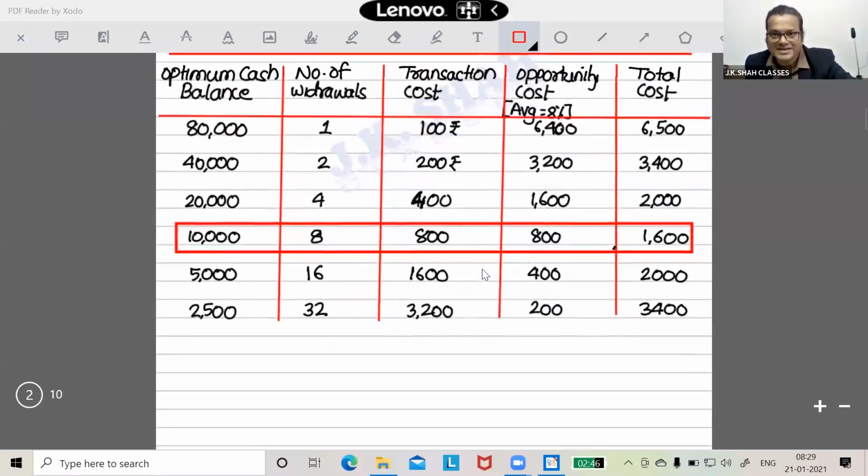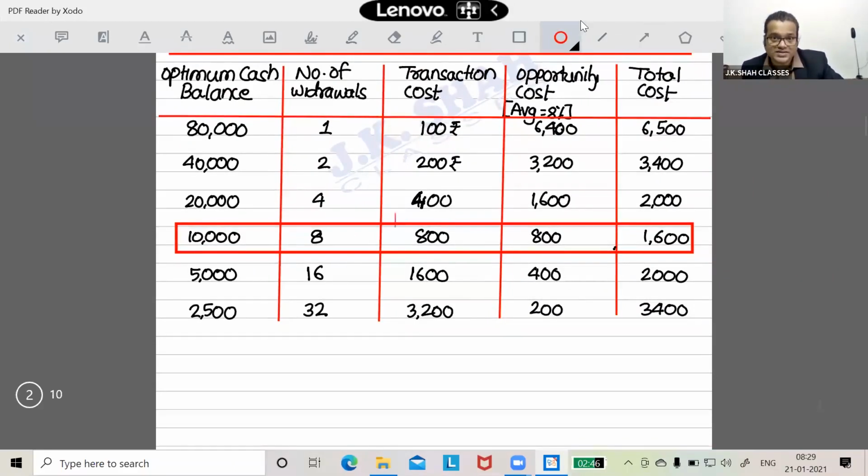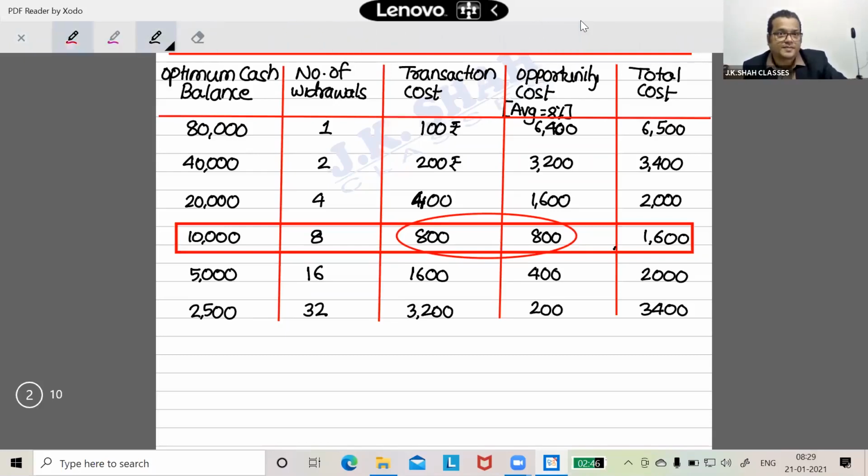See, students, one thing you should understand to derive this. What has happened when we have arrived at the optimum cash balance? If you notice, the transaction cost and the opportunity cost are in inverse relation.